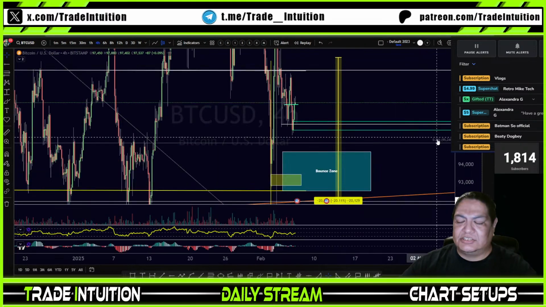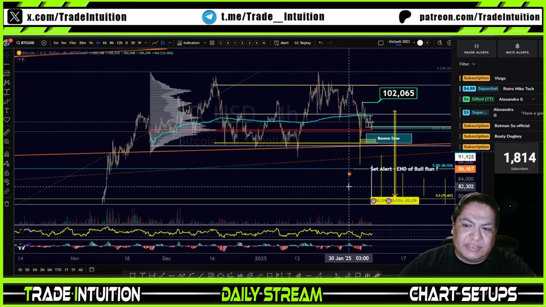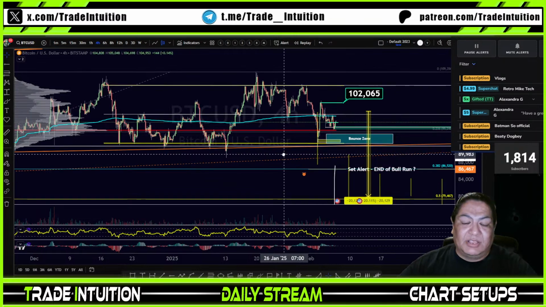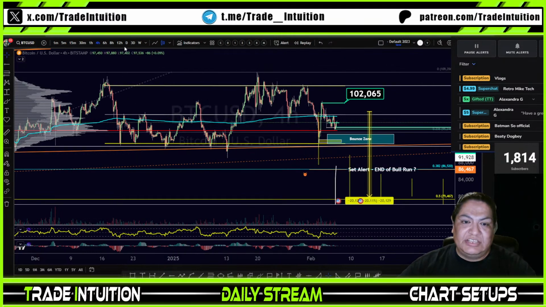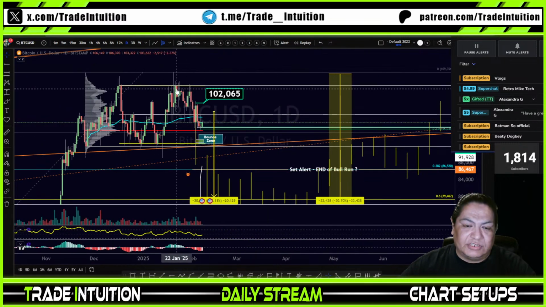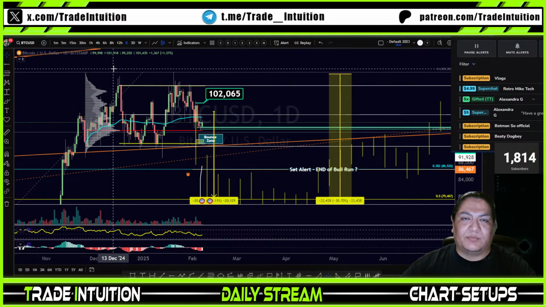But let's look at this on a larger time frame. Right now we're on the 4-hour time frame. Bitcoin is in this range. It's easier to see on the daily because you can see our candle body closes. Once you get to a smaller time frame, you notice the wicks and candle bodies.